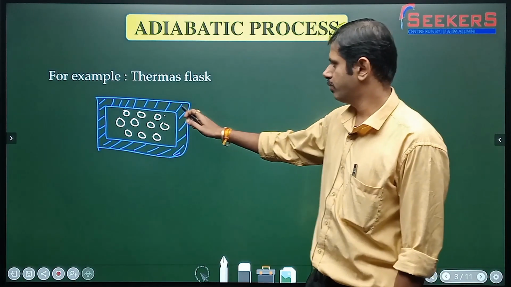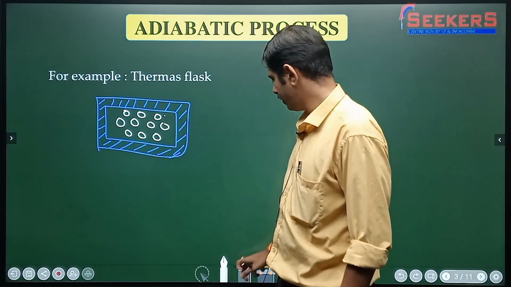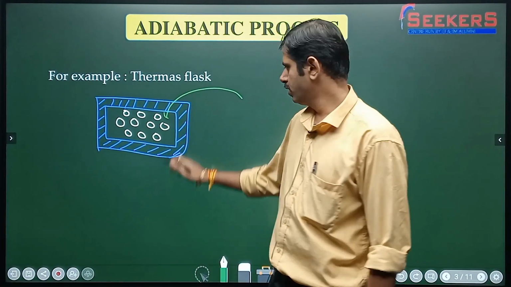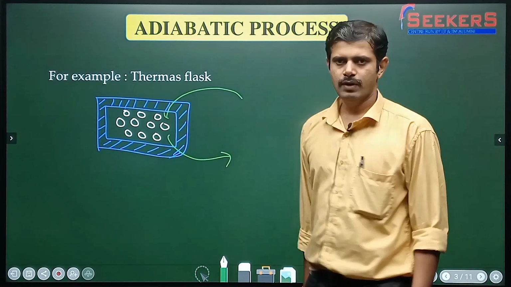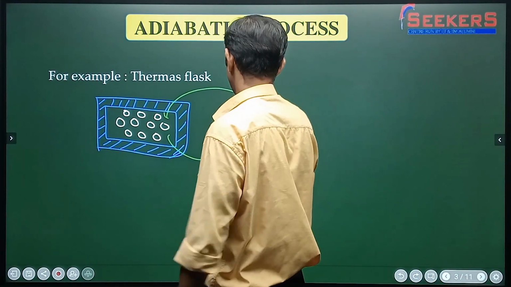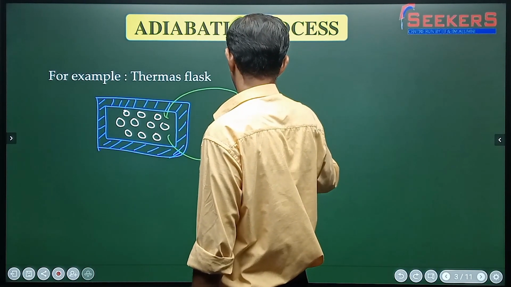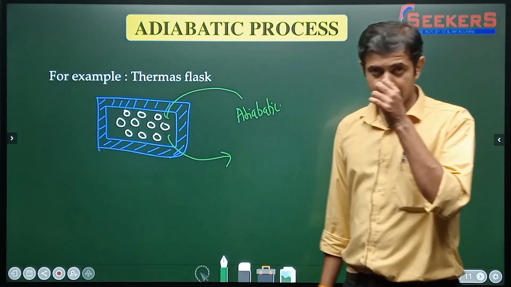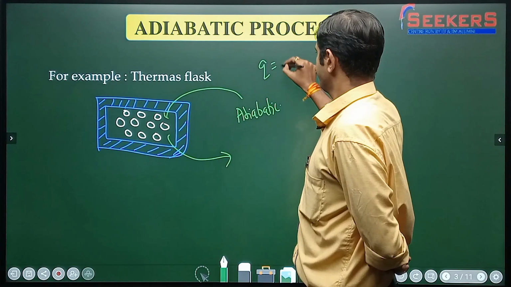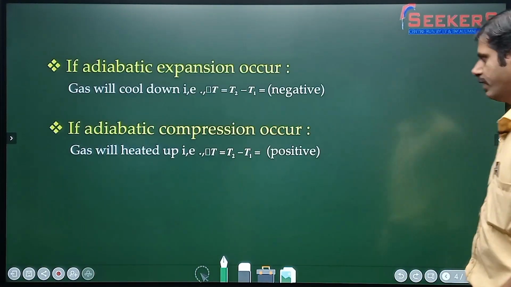Because it is a thermal material, a thermos flask or a hot box, the heat will neither enter the system nor move out of the system. So this system will be exactly adiabatic. In reactions or in numericals we write here Q equals 0. Q equals 0.